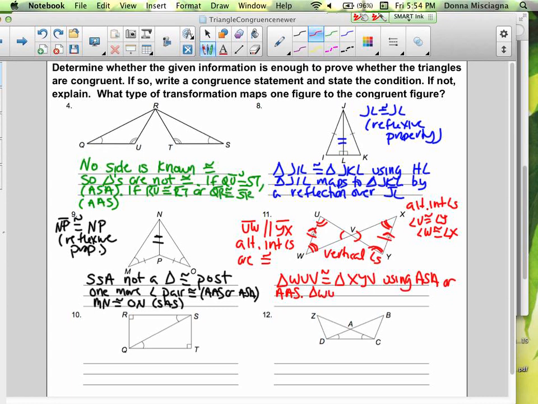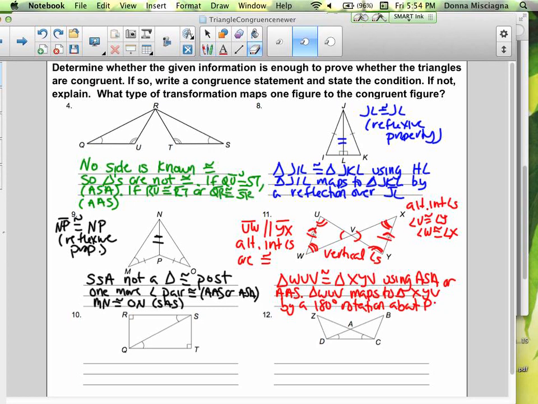Triangle WUV maps to triangle XYV by a 180-degree rotation about point V. And there we go. Let me just fix my word there. Point V.